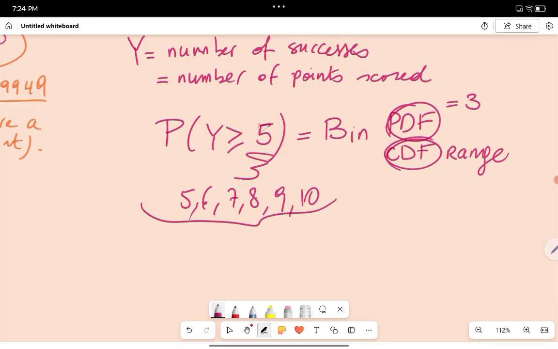So we're talking about a range. We are not going to do this individually. We could add the probability of y being equal to 5, 6, 7, all the way to 10. But we're not going to do that because we have our calculator that is going to do that for us.